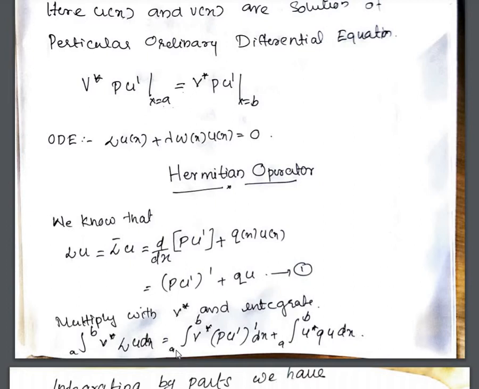So that is equal to the integral from a to b of v star (p u dash) dash dx plus the integral from a to b of v star q(x) u(x) dx, or v star q u dx. Here it is not u star, it is v star.